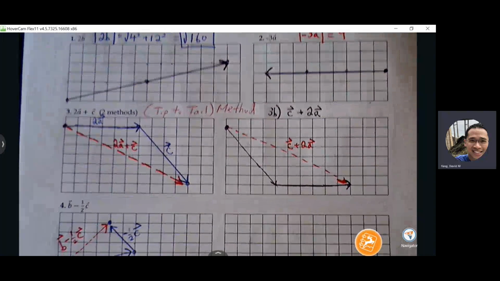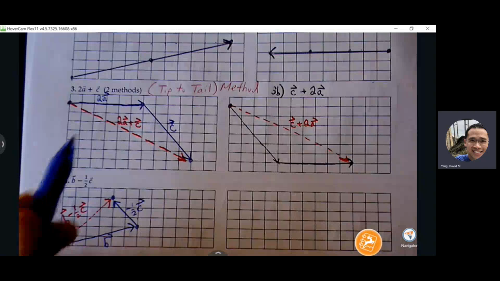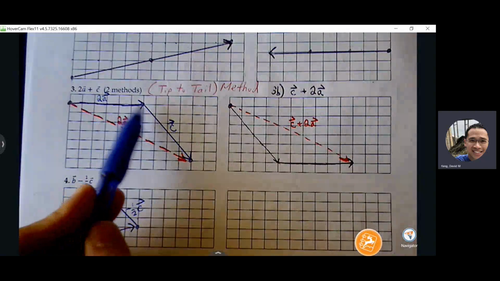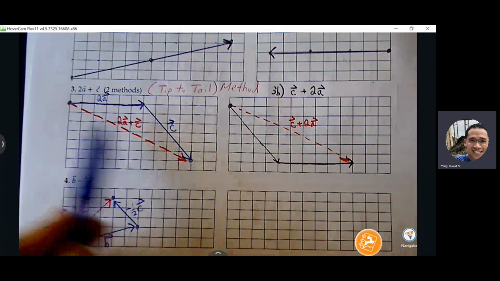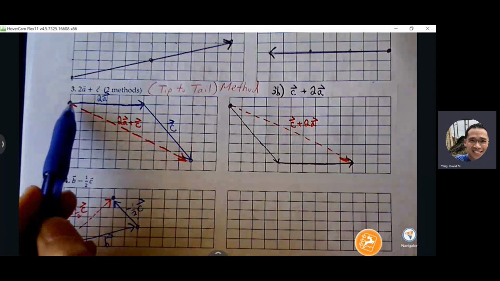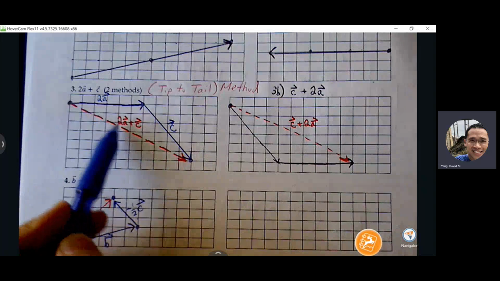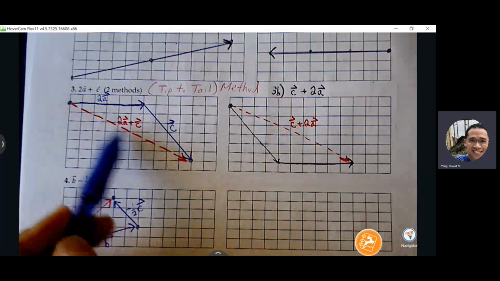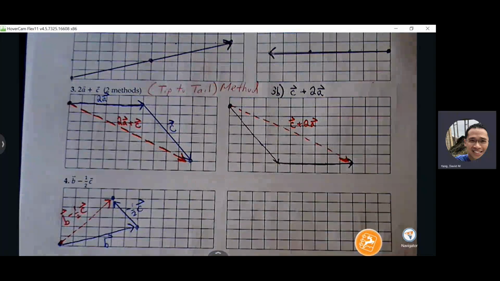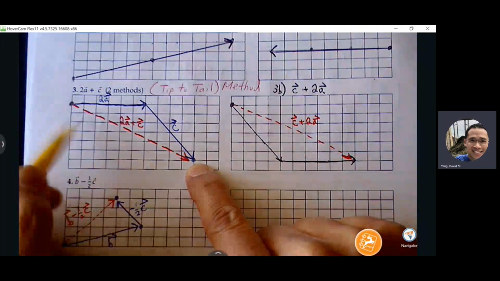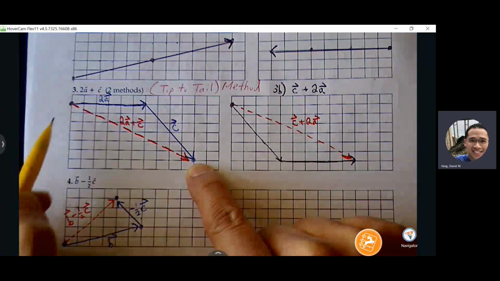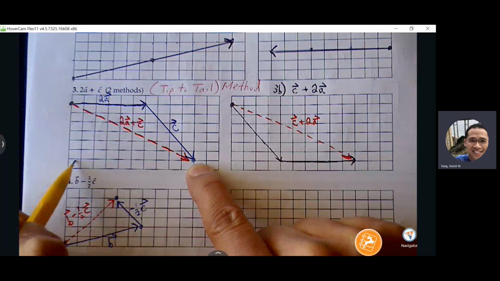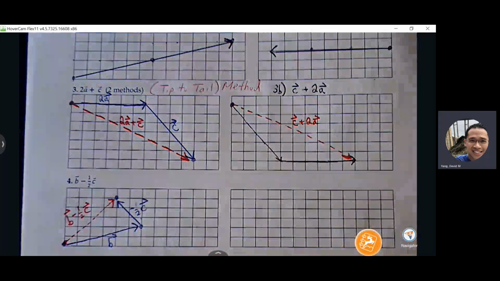Now for number 3, we only care about the resultant vector. The 2a plus c is just part of the process, but the resultant vector is the vector that's produced out of these two being added together. So we only care about this one here. I'm going to count down and to the right, pretending I'm drawing a triangle. Count down, how many units, and to the right, how many units?